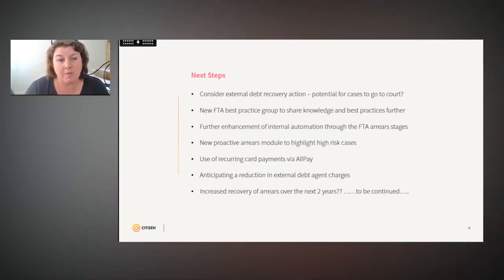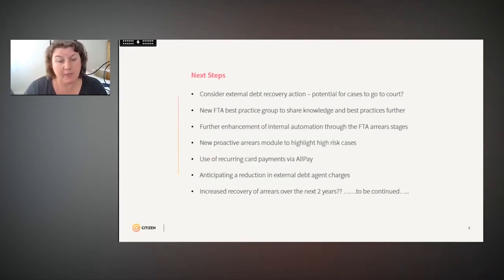Internally, we use the MIS system, and we know that there's probably a little bit more enhancement that we can do, and we're hoping that over the next couple of months, some of that will have been progressed, which will again just increase the efficiency of staff working with former tenant arrears cases.